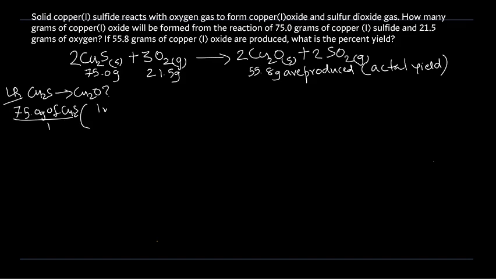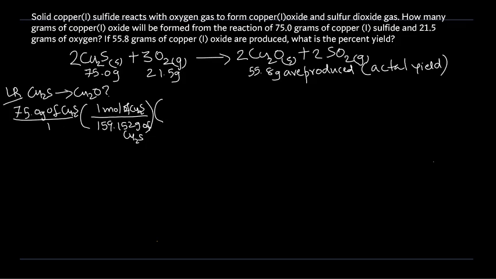We know 1 mole of Cu2S is 159.152 grams of Cu2S. So first I have to convert it into moles, and then I can convert those moles using the ratio of moles in the equation.